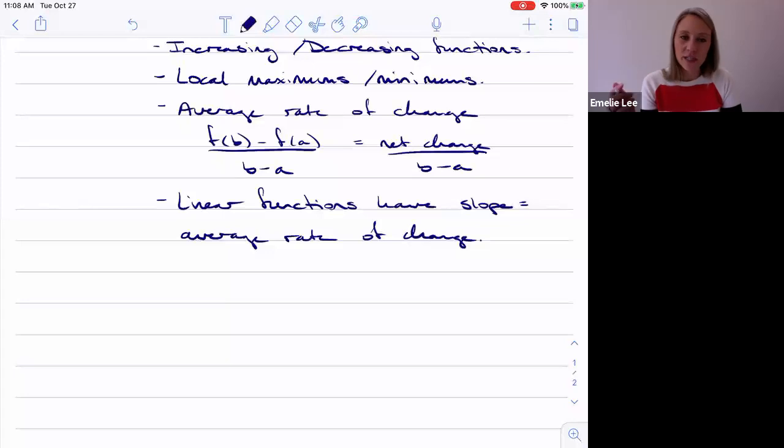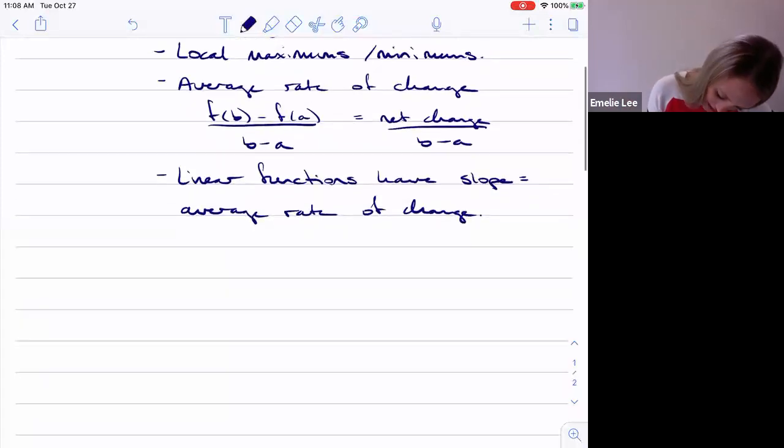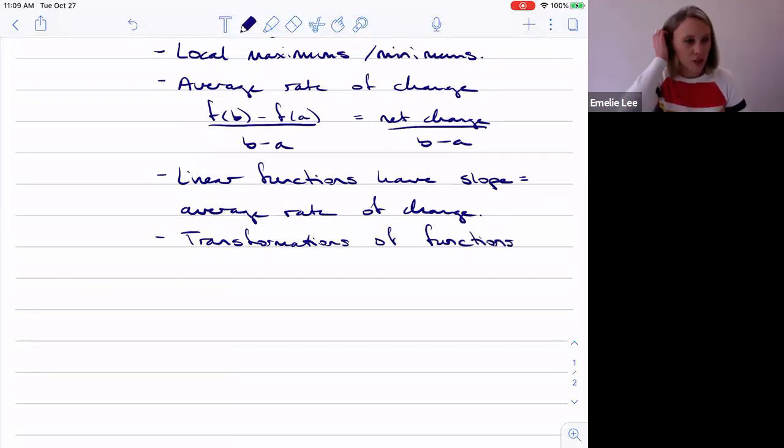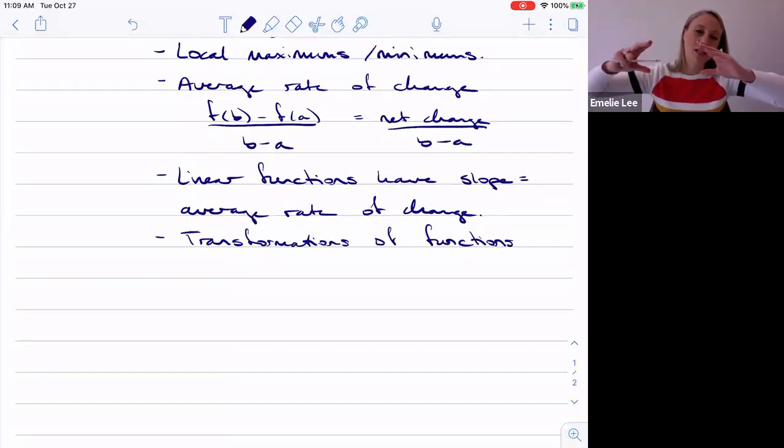And then we got into transformations of functions. And of course, we spent a fair chunk of time on that. And so we can't really review it because it would just be last day's class all over again. But we can have vertical shifting, horizontal shifting, right?